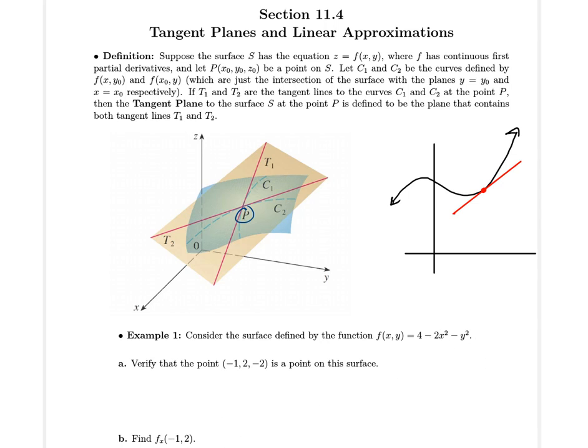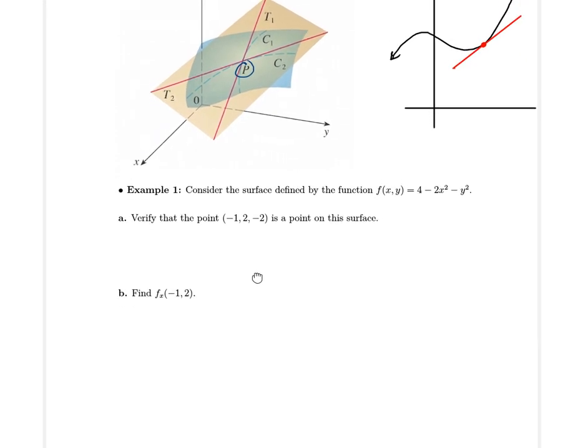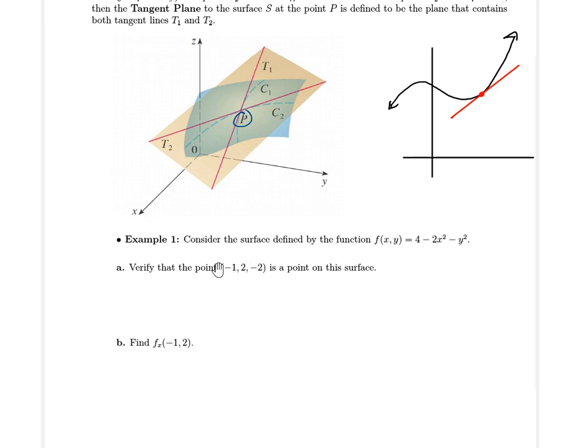And what we'll have here is we're just going to start by verifying that this point here, and ultimately this is the point we're going to find the tangent plane at, is in fact on this surface, right? And remember, that just entails me understanding that this f is the z value.